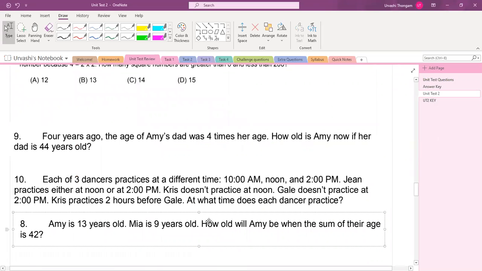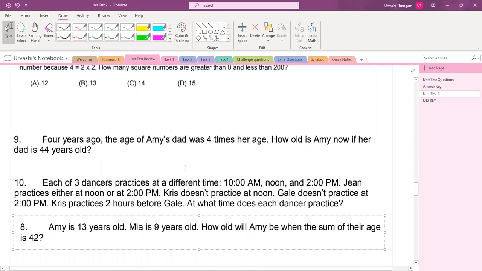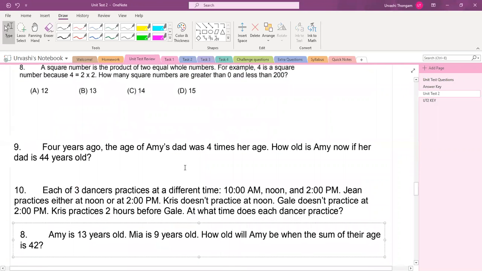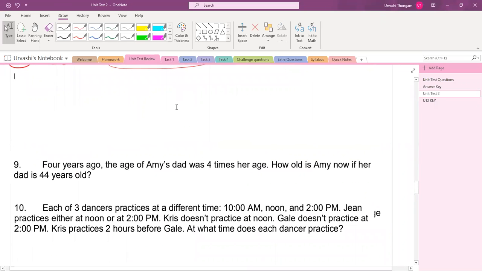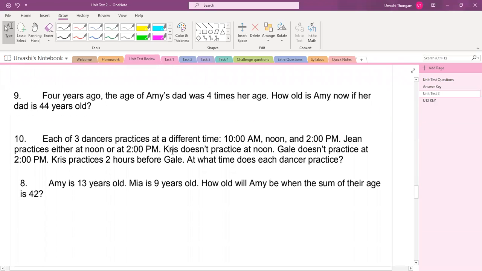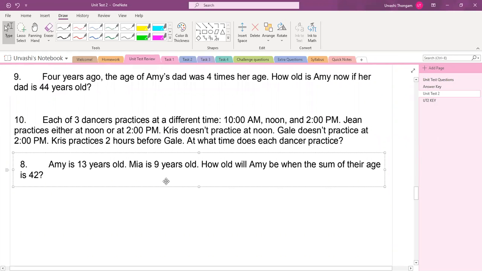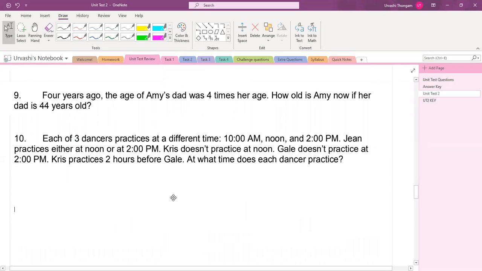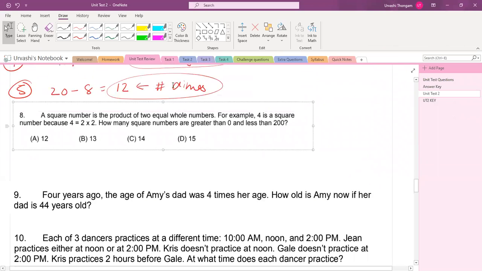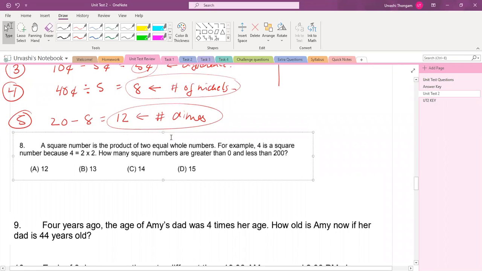So first, I draw the model. Amy is 13, and Mia is 9 years old, and then 42 minus 13 plus 9 equals 20. Wait. Do you think this is wrong?